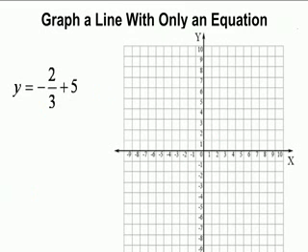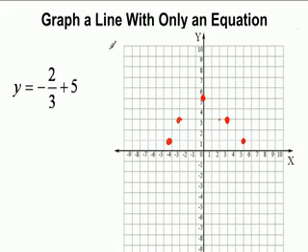One more. Here we have our b is plus 5, so we're going to go up here to 5. Our slope is negative 2 over 3, so we're going to go down 2 over 3. Now why don't we go down 2 and then down 2 over 3?